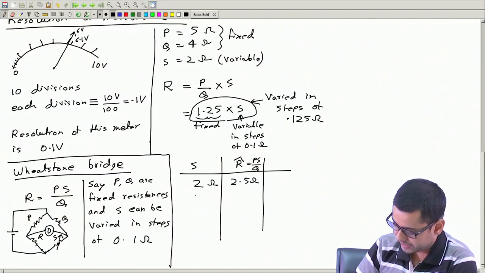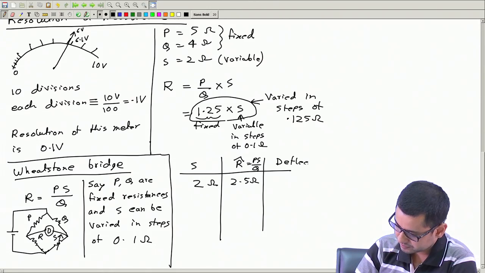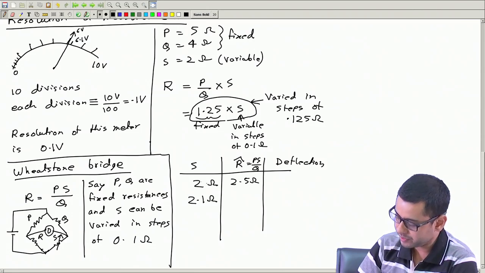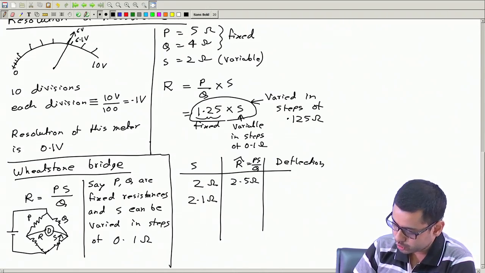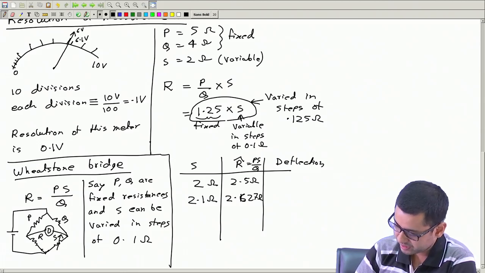Next, you can take S as, say, 2.1 ohm, and you can observe deflection. This is the minimum change you can make in S, and the estimated value of R will be 2.5 plus this quantity, which will be 2.625 ohm.